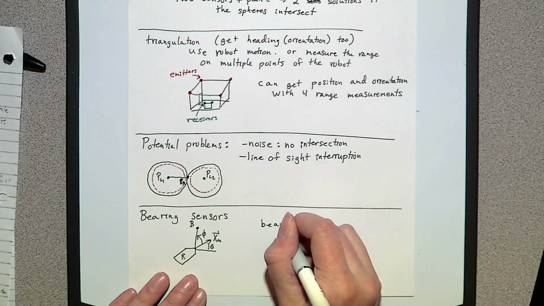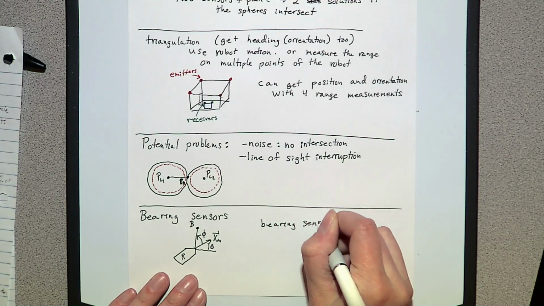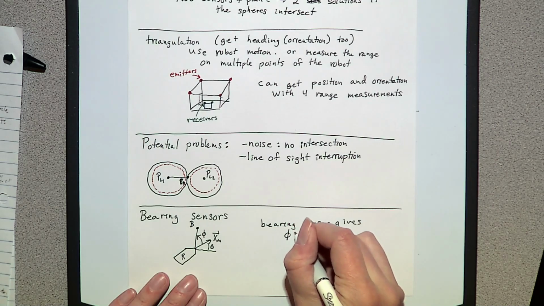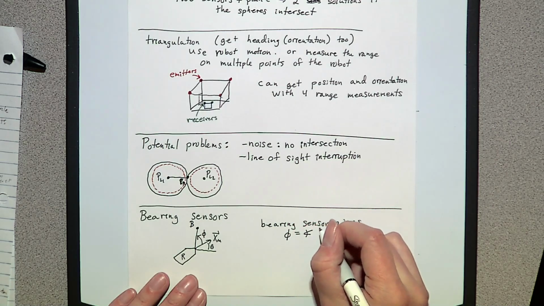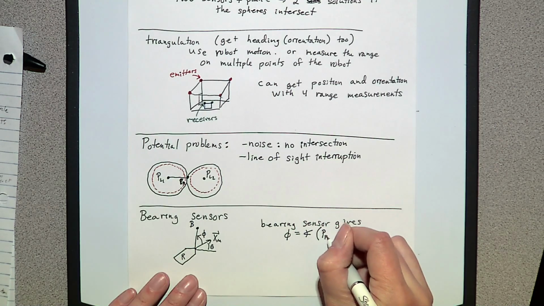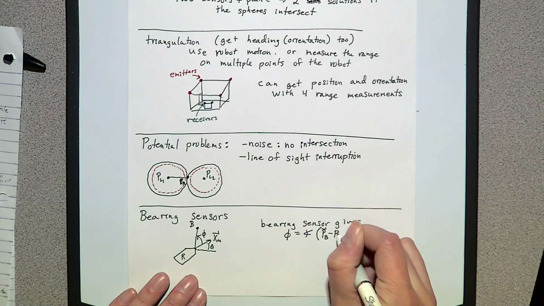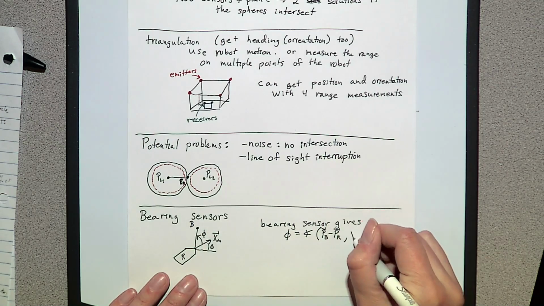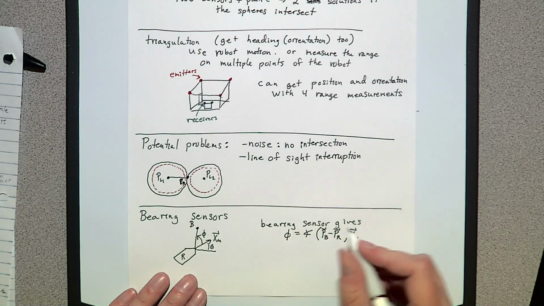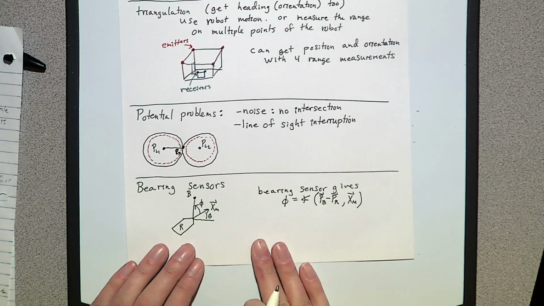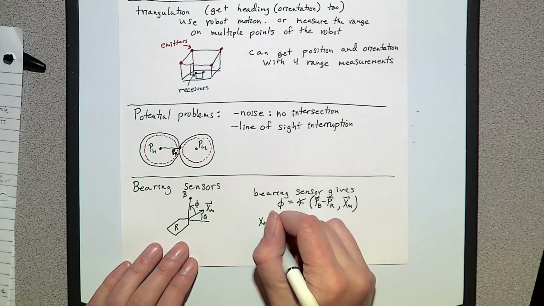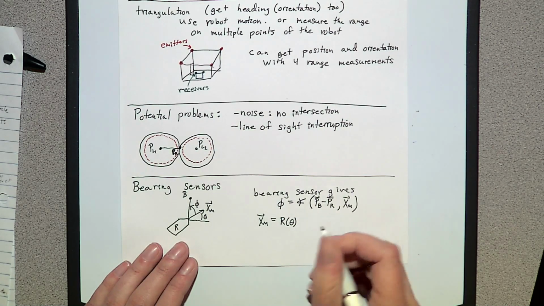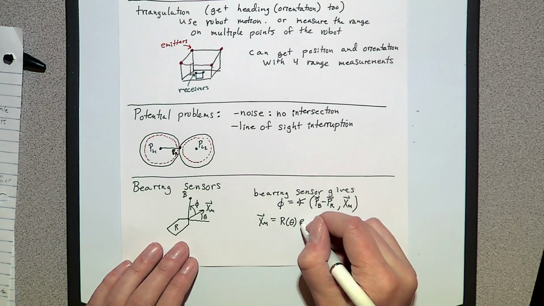And so the bearing sensor gives this phi, which is the angle between the vector, which is PB minus PR, so this vector here, and our heading direction, xm. And our xm is some rotation about z of theta ex.